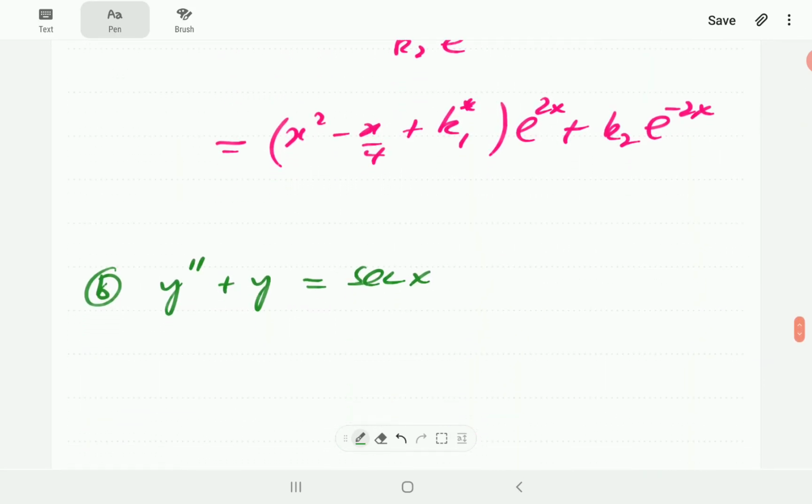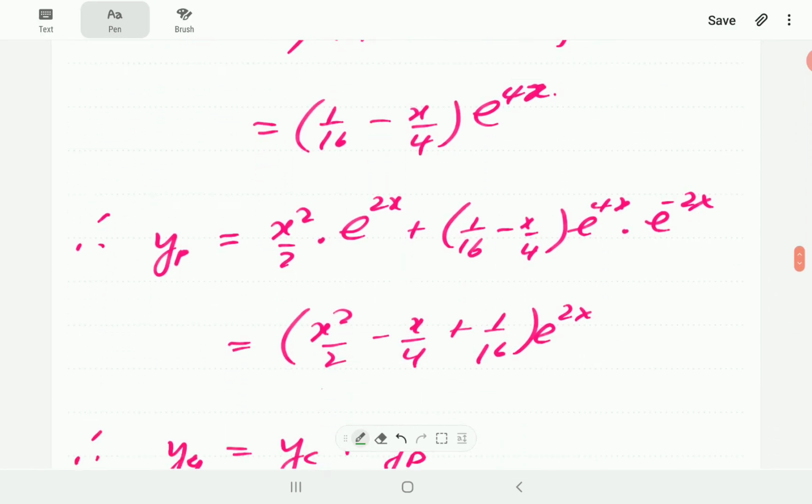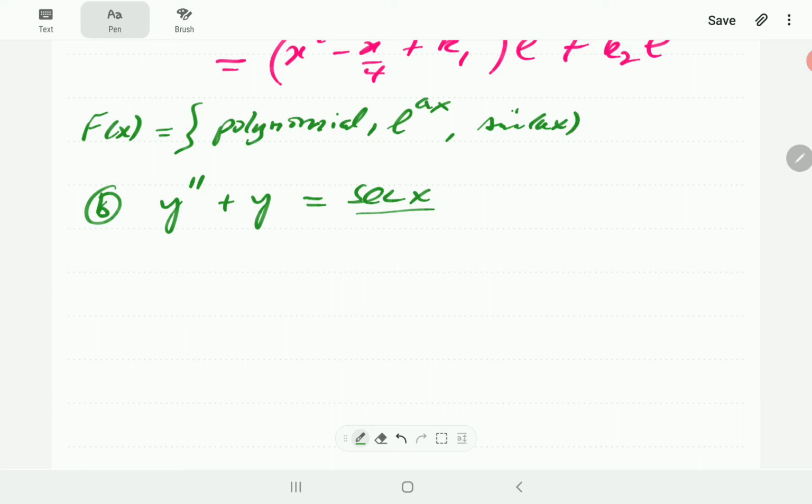Part B, however, is secant. The method of undetermined coefficients works only if the function on the right hand side is a polynomial, or an exponential, or a trigonometric function, being sine or cosine of ax, or linear combinations of any of these.